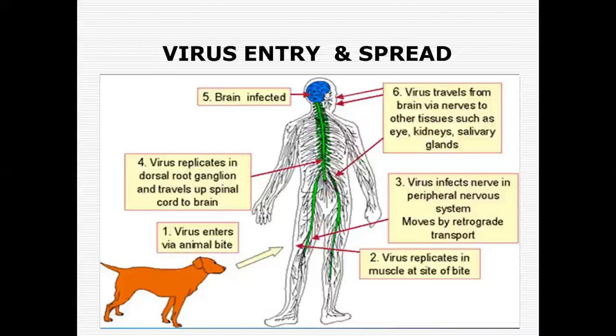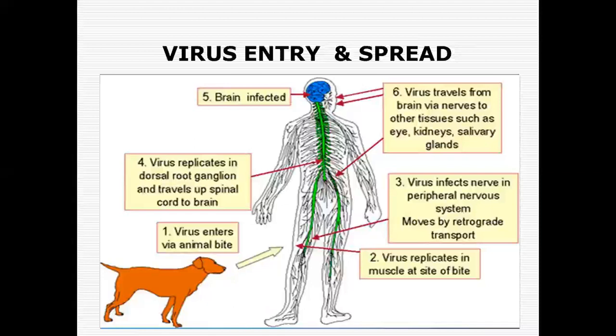And it moves in a retrograde fashion from the axon to the central nervous system. And the virus replicates in the dorsal root ganglia. So the site of predilection, or the site of tropism for the virus, is the nervous system, particularly the dorsal root ganglion.